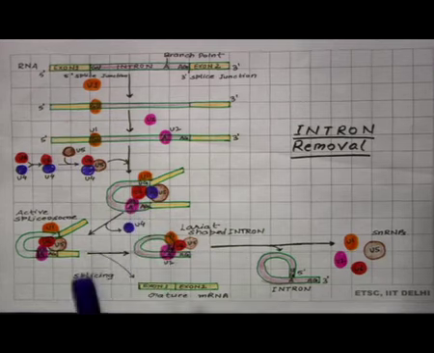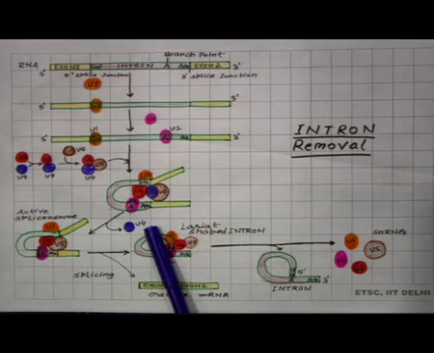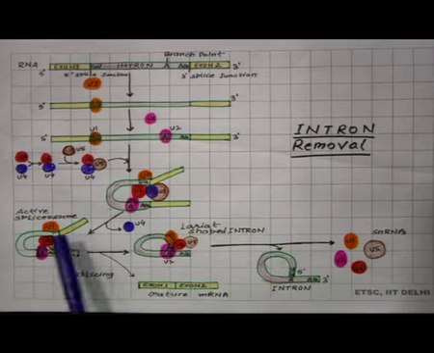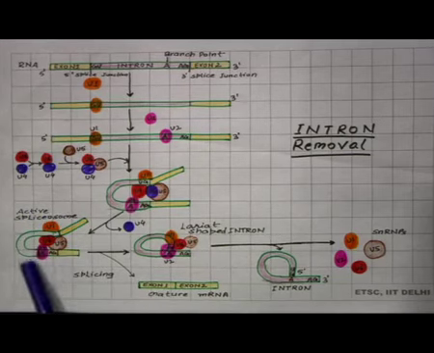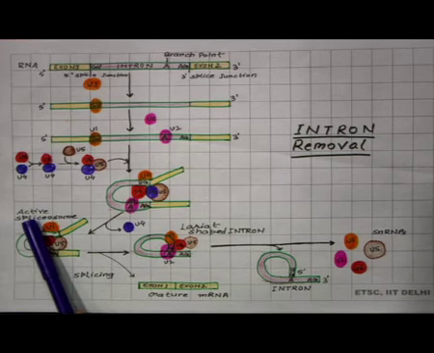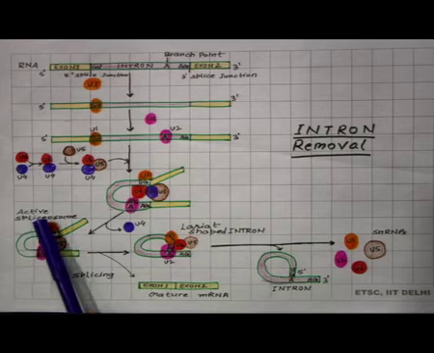Now, from here the U4 will be released. After the dissociation of this U4 small nuclear ribonucleoprotein, there is the formation of the active spliceosome. This particular structure is called the active spliceosome. A spliceosome is the combination of pre-messenger RNA and small nuclear ribonucleoproteins.